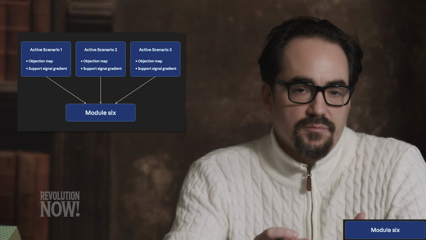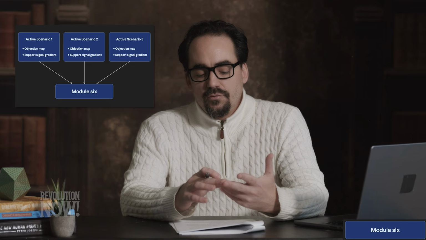These are the ones that have been decided upon for consideration. 2, the objections have been mapped and attached to scenarios they pertain to. And 3, participants have expressed their support gradients across the options on the table per scenario. When that three-part state is in place, Module 5 hands its structured output to Module 6.